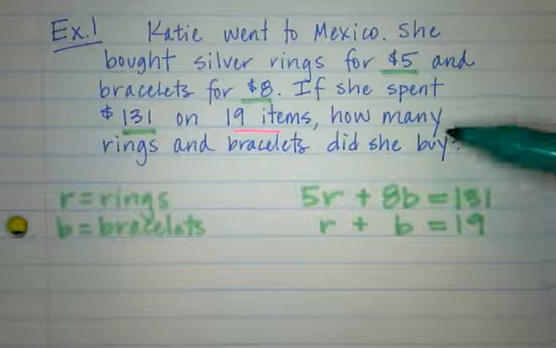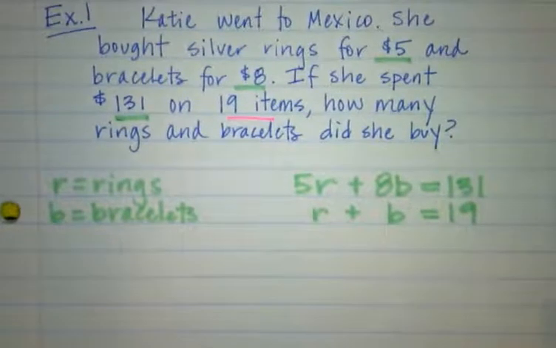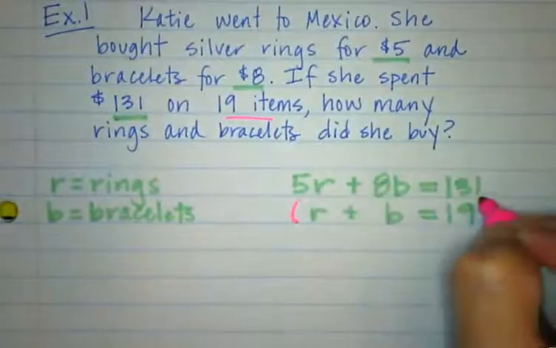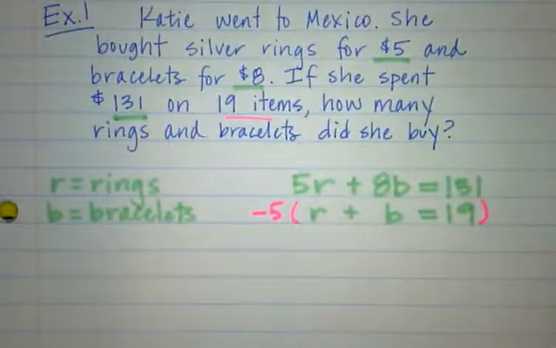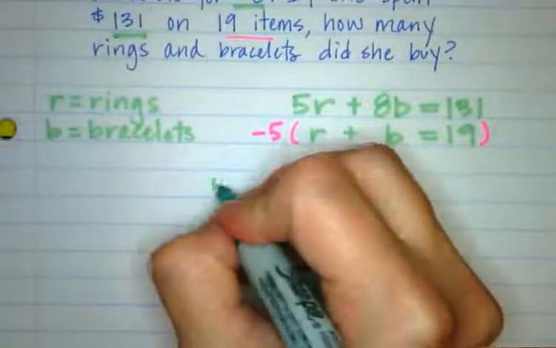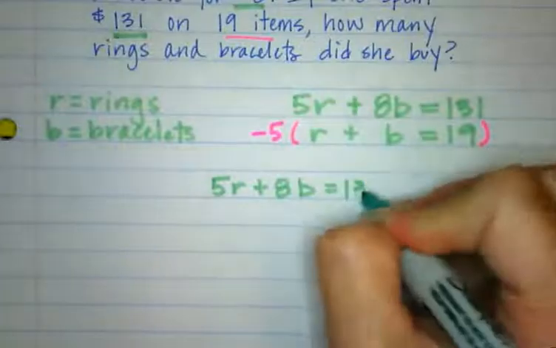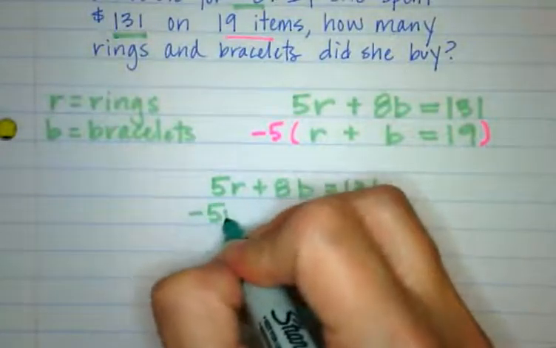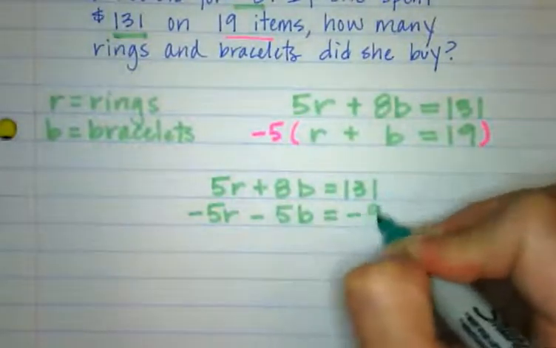Now I need to solve. I'm being asked how many rings and bracelets she bought. I like elimination, and for this problem, I'm going to multiply the second line by -5 to eliminate the r's and keep the numbers as low as possible. The first line is going to stay the same, and my new second line is -5r minus 5b equals -95.